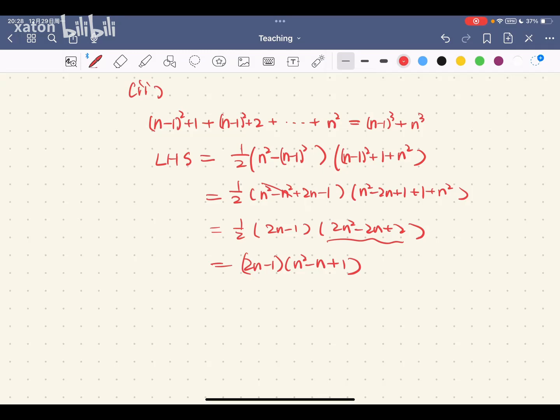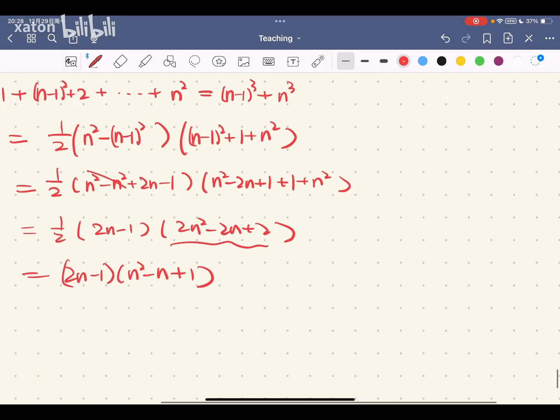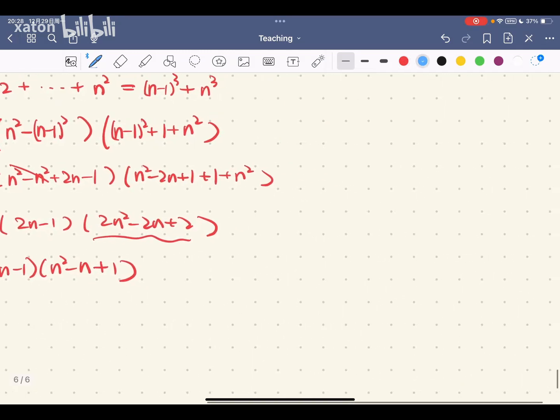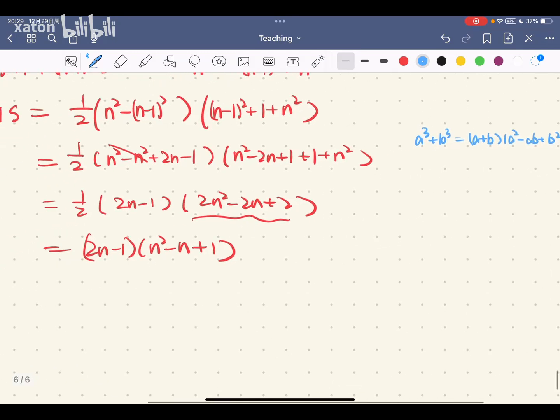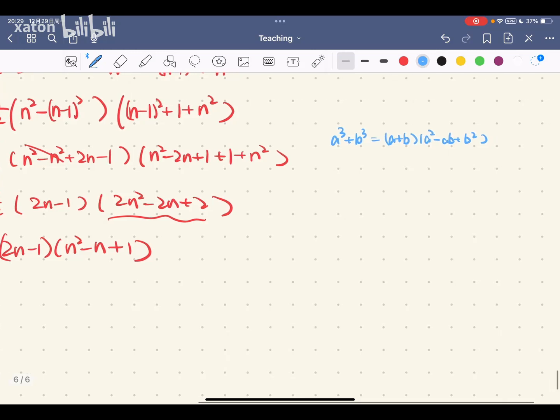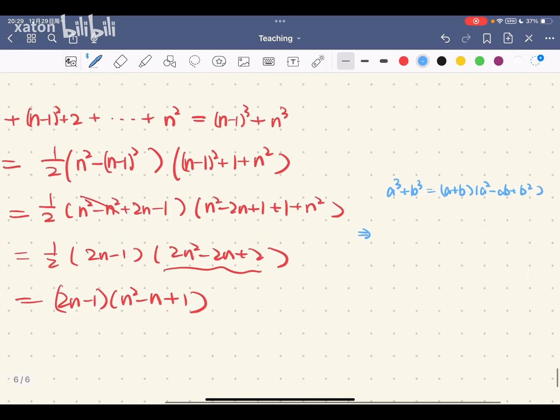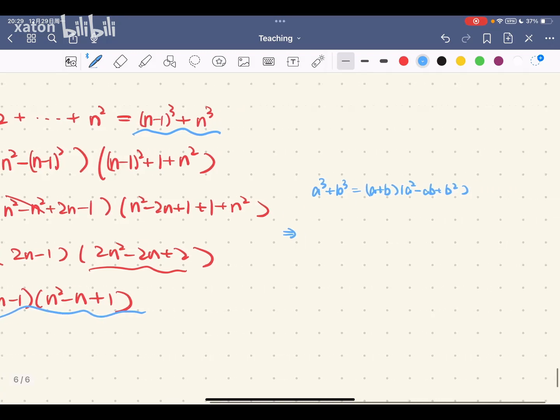I don't know if it looks familiar to you, but there is a very useful result I think everyone should remember: a cubed plus b cubed equals a plus b times a squared minus ab plus b squared. So applying this, we don't have to expand them.